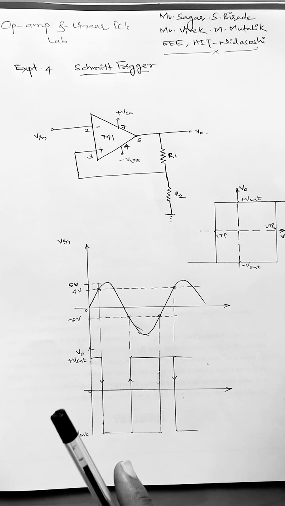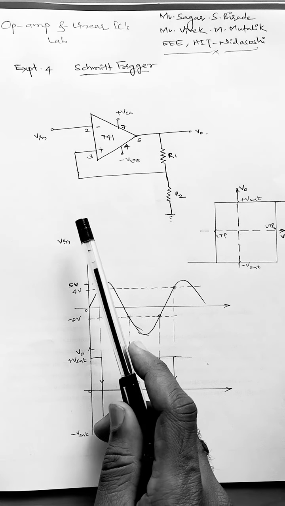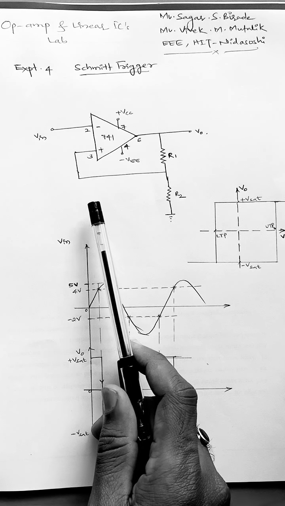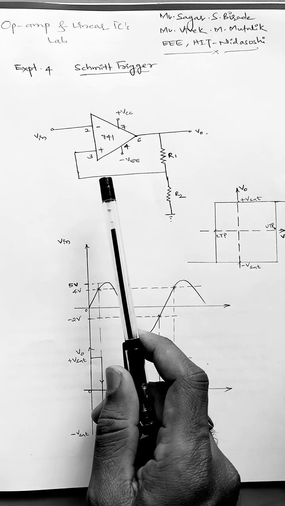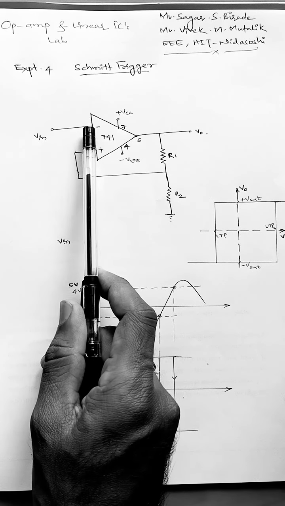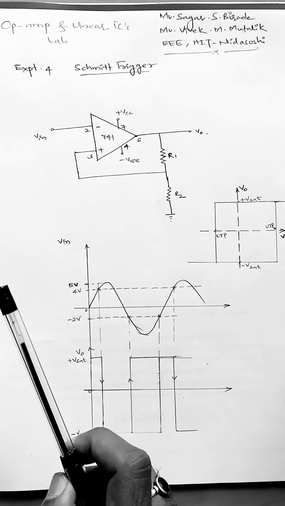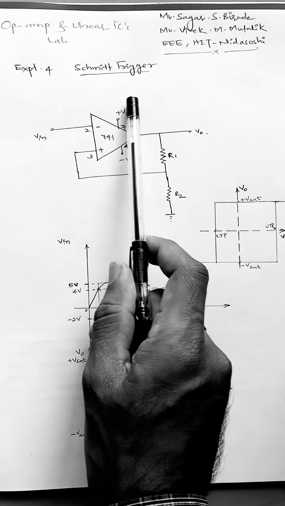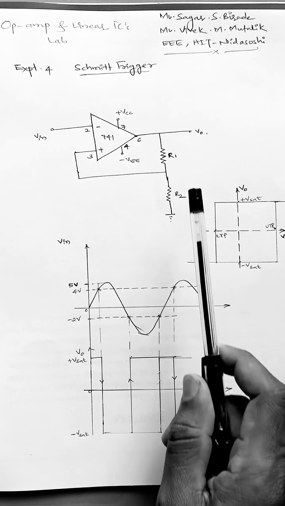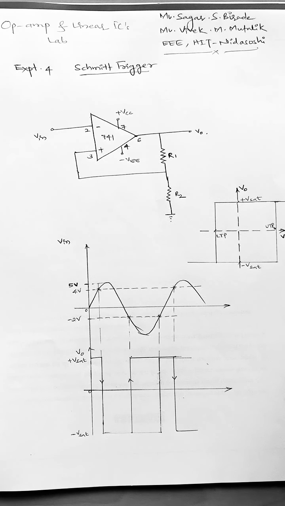We can find some similarities between Schmitt trigger and non-inverting amplifier circuit. The changes are: previously the inverting input terminal was grounded through resistance and feedback was given from pin number 6 to pin number 2. You can call it a negative feedback.